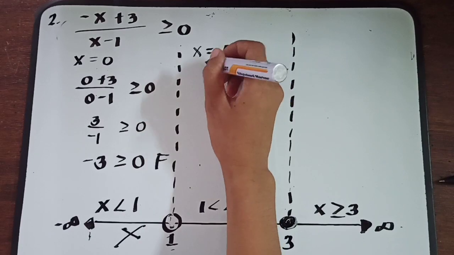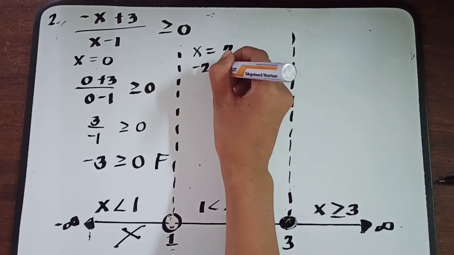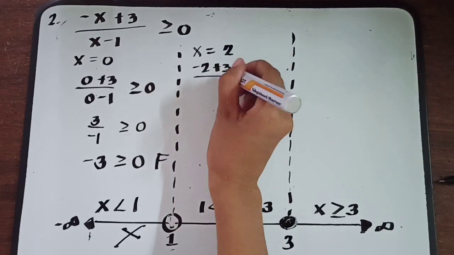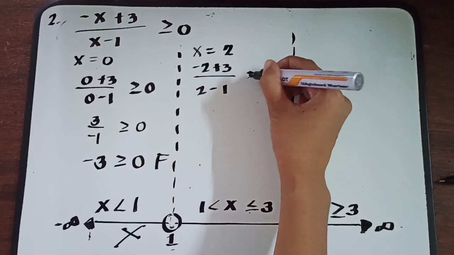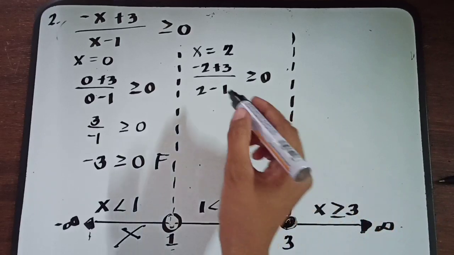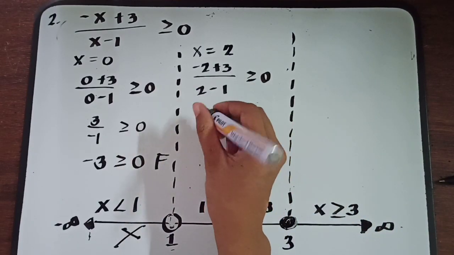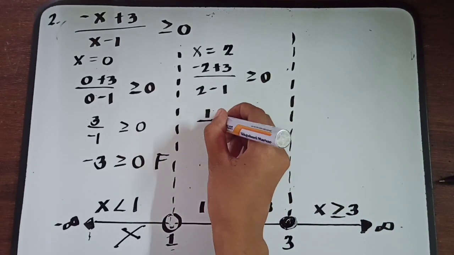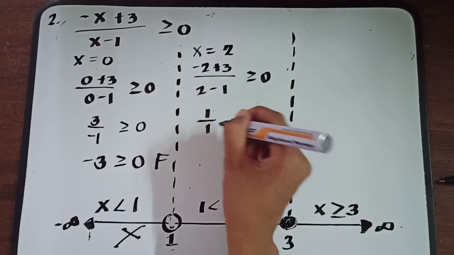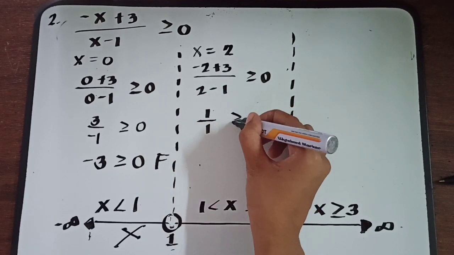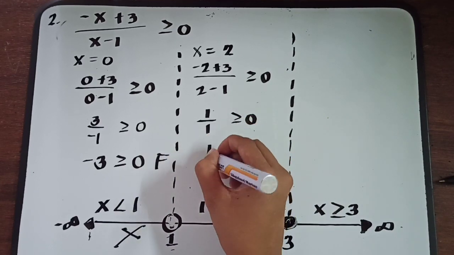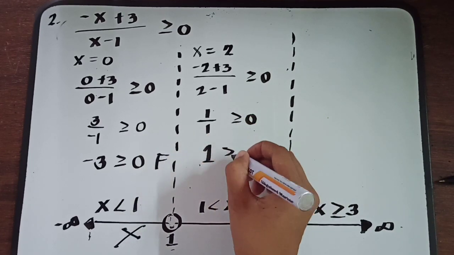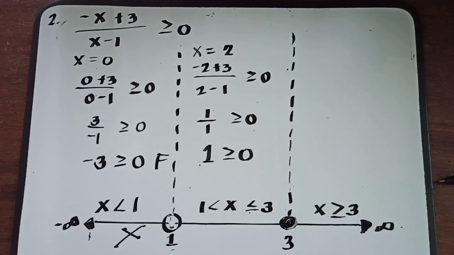So if x is equal to 2, so we have negative 2 plus 3 over 2 minus 1 greater than or equal to 0. Negative 2 plus 3 is positive 1 over 2 minus 1 is positive 1, which is greater than or equal to 0. 1 divided by 1 is positive 1 greater than or equal to 0.